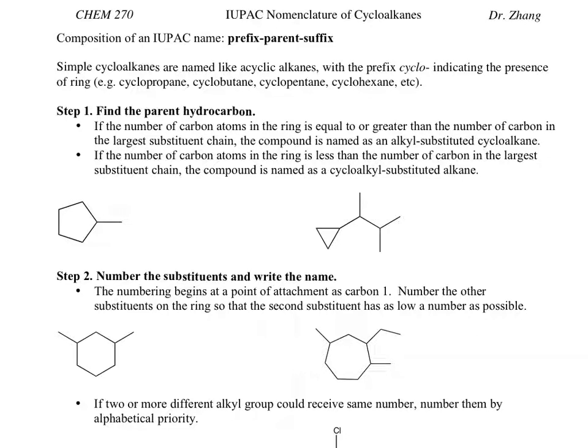For a complicated cycloalkane, you need to first find the parent hydrocarbon. There are two scenarios. The first scenario is if the number of carbon atoms in a ring is equal or greater than the number of carbons in the largest substituent chain, the compound is going to be named as cycloalkane, with the alkyl group as the substituent.